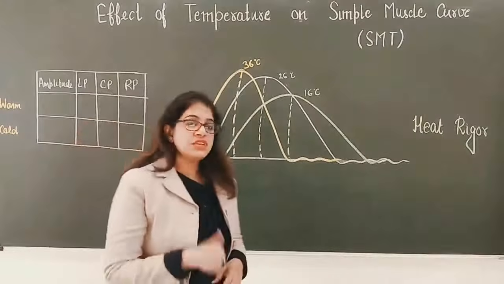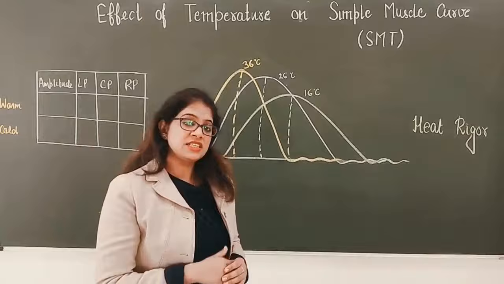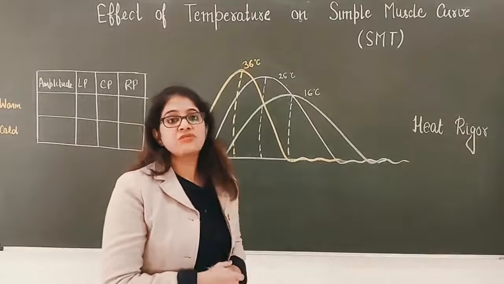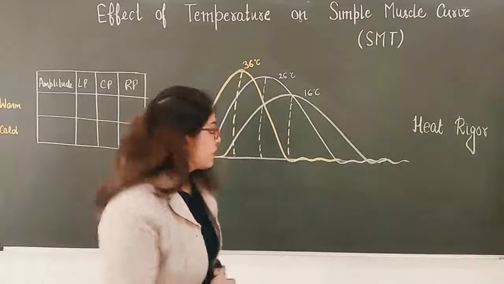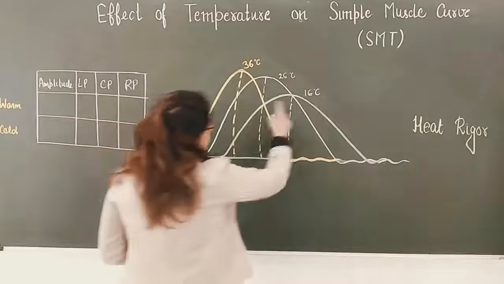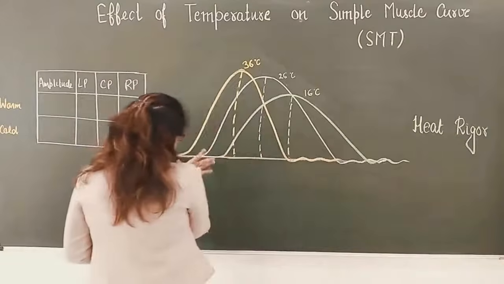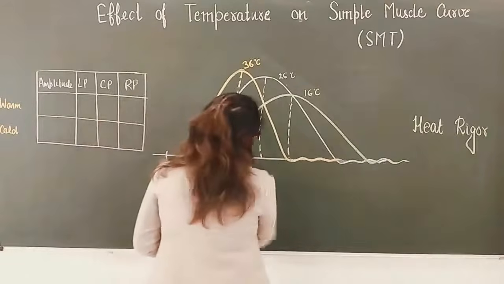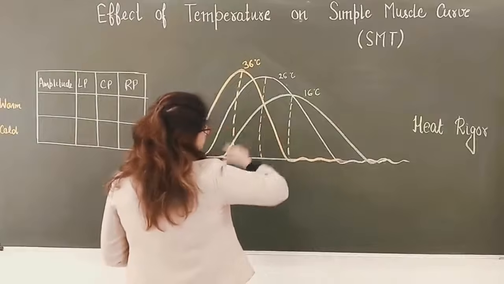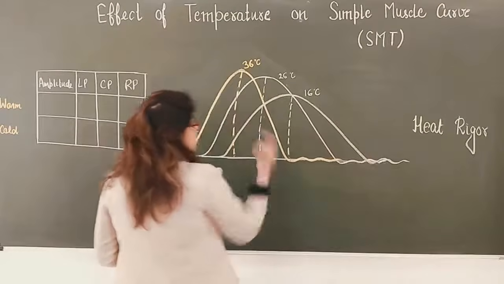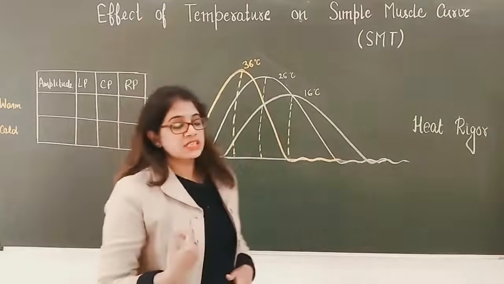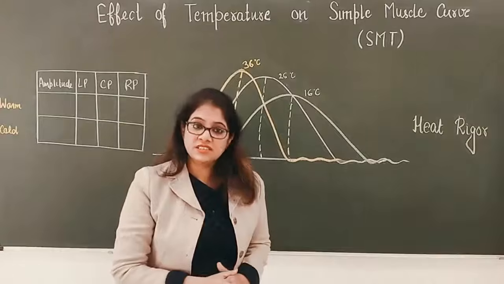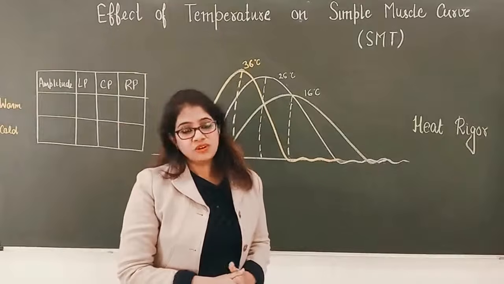Or in other words, we can say the force of contraction has increased or the velocity of contraction has increased. In cold temperature, we can see the duration of all the phases have increased, but amplitude of the contraction has decreased. Or in other words, we can say force of the contraction has decreased or velocity of the contraction has decreased.